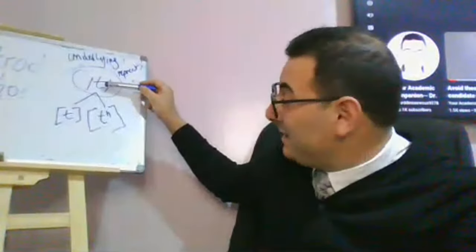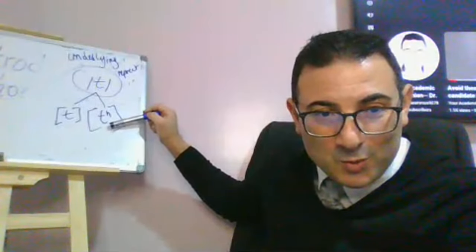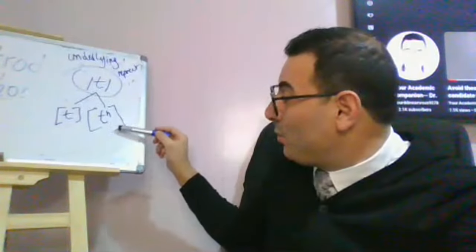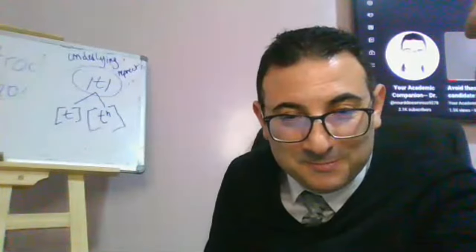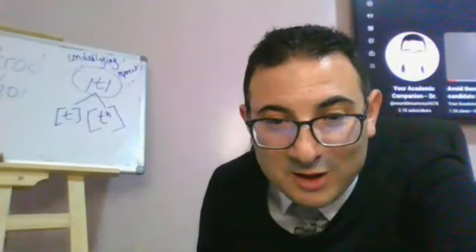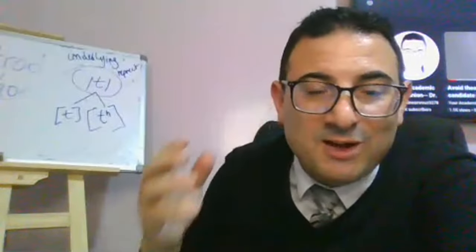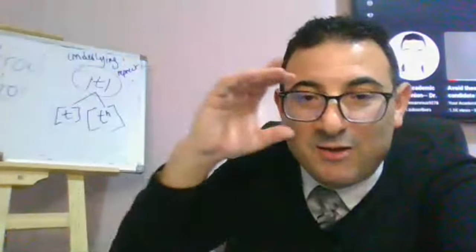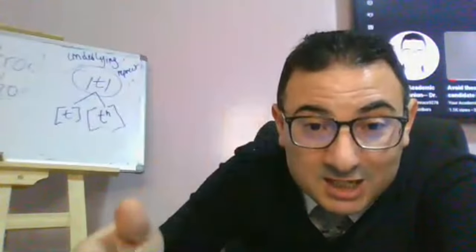This phoneme is realized as an aspirated version here, as a t, when it is syllable initially before a strong vowel. As you can see, allophones are derived by rule. There is a rule for us to derive an allophone from a phoneme. That's why we say they are predictable.